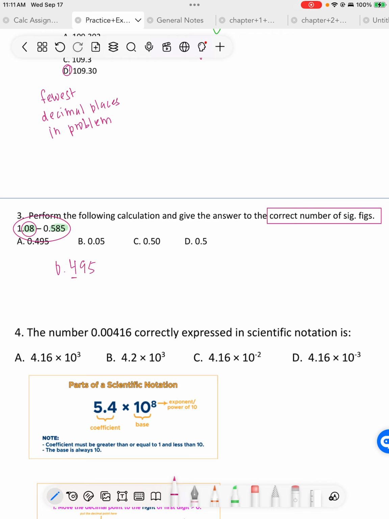So we look at our 2 numbers that we want to keep, and we look at one more. Does that 5 change our 9? It does, and it kind of has a domino effect. So now we're going to get 0.50, which is 2 decimal places, and this is 2 decimal places. So our answer is C.